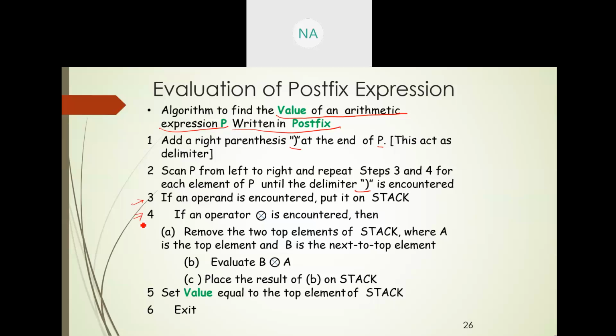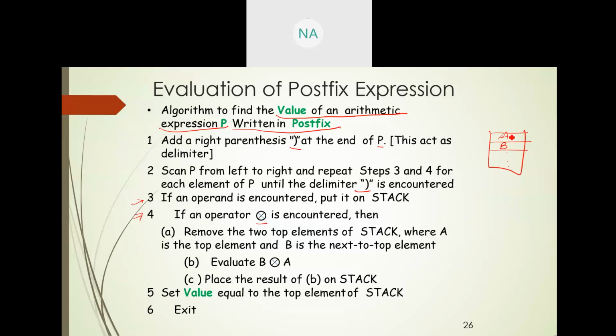Step 4: if any operator is encountered, here we are considering only 5 operators: exponent, divide, multiplication, plus and minus. If any of these 5 operators is encountered, then remove the 2 top elements of the stack, where A is the top element and B is the next to top element. For example, say this is the current position of the stack.